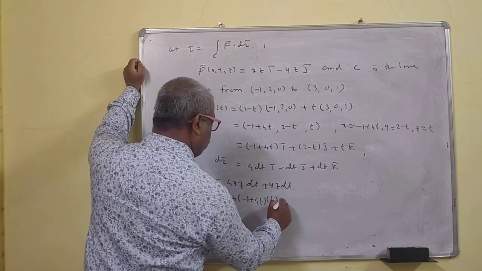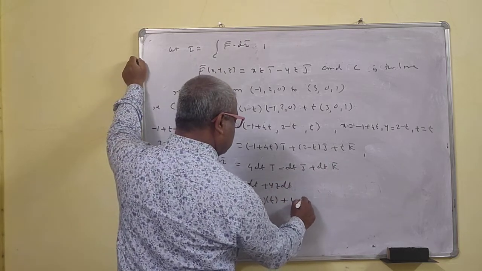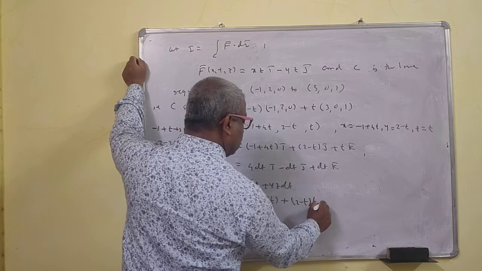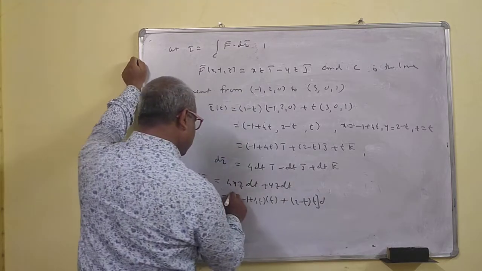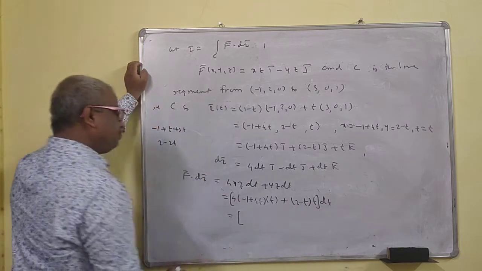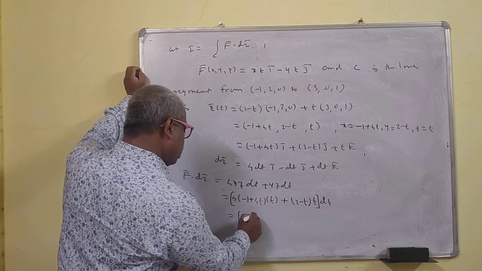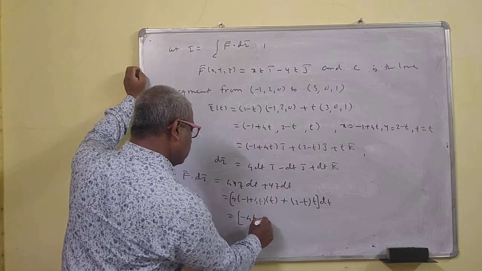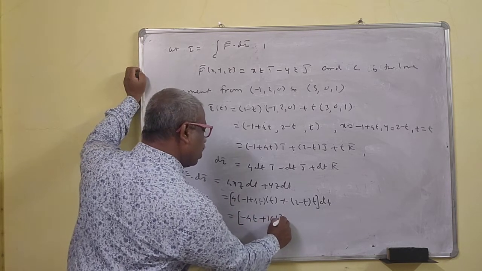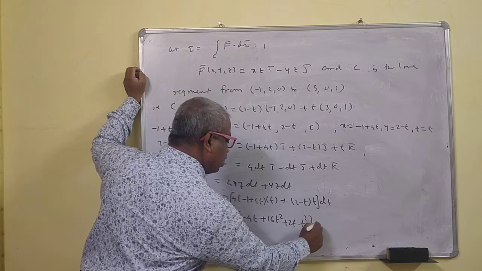Okay, so I will take dt common, plus your y is what? 2 minus t. Your z is t. You will take dt common now. So dt is here. Okay, so we'll simplify this. So this is what? Minus 4t plus 16t square minus plus 2t minus t square dt.